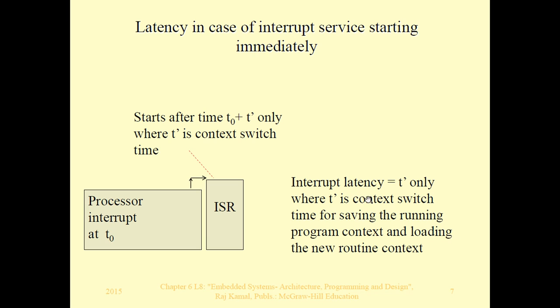So here the interrupt latency is equal to T dash only, where T dash is the context switch time for saving the running program context and loading the new routine context. So interrupt latency is equal to only T dash. That means only T dash of time is taken for the context switching.